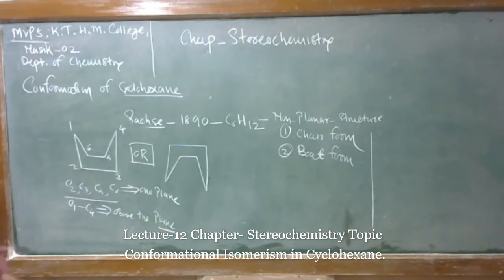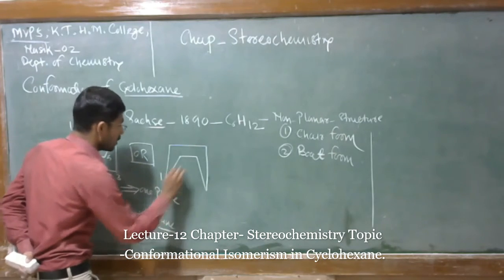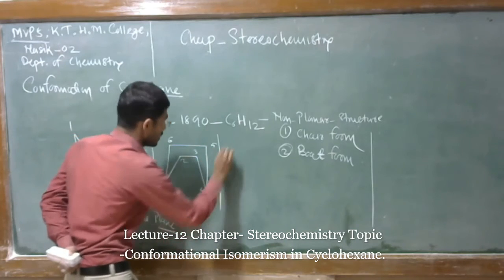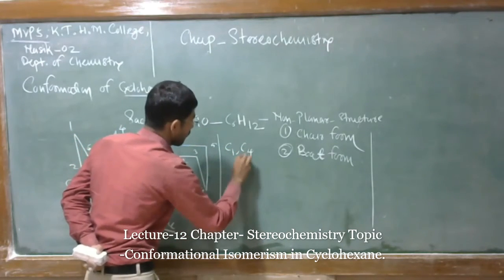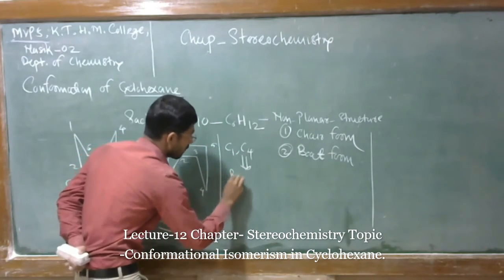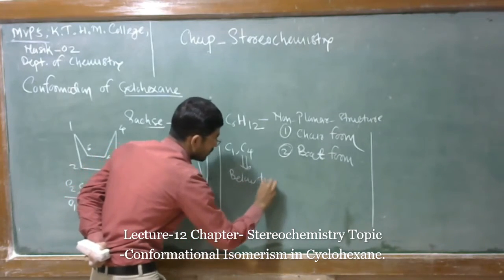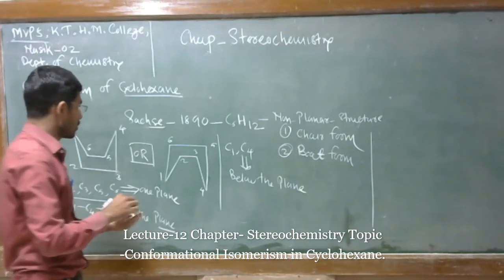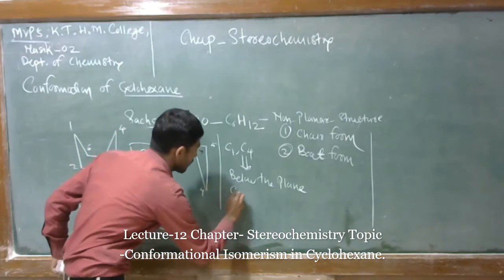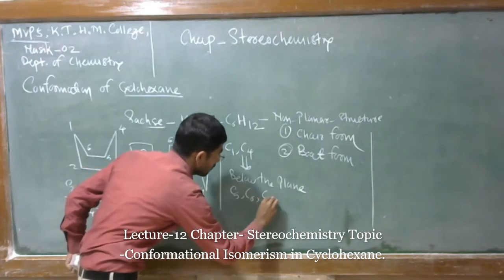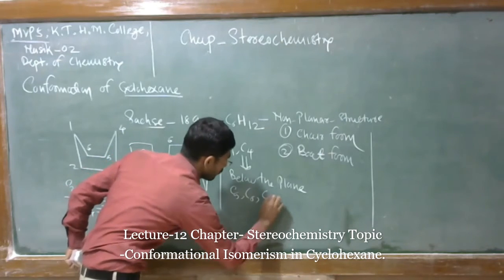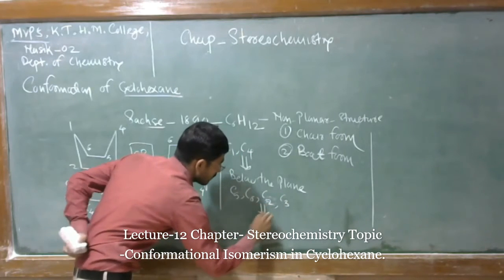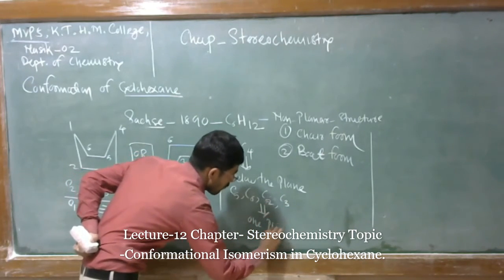But they may be above or below the plane. In the second, carbons 1 and 4 both are below the plane, and the remaining carbons 5, 6, 2 and 3 are in one plane.